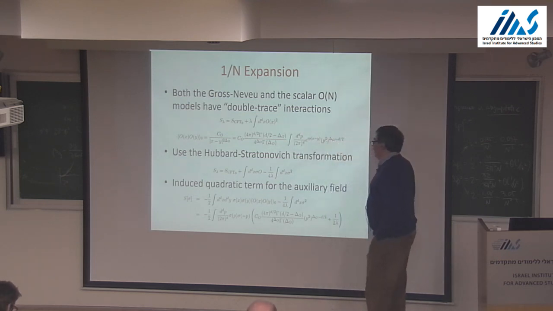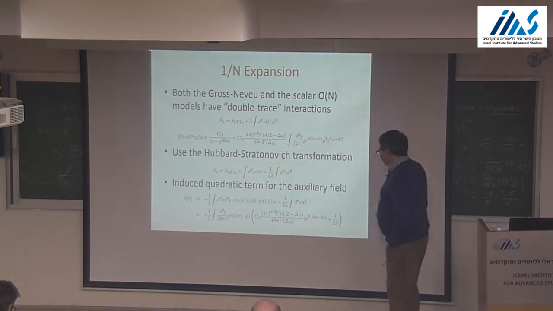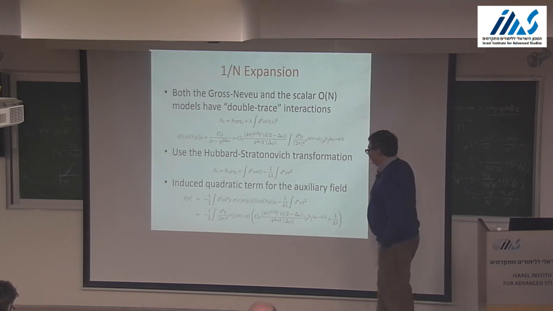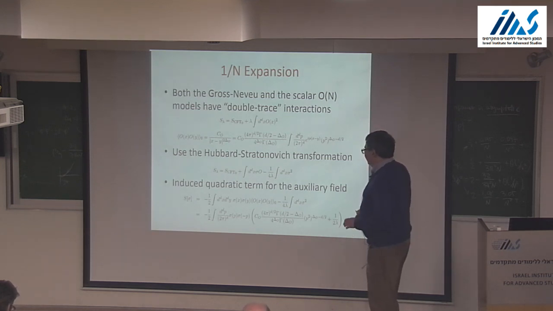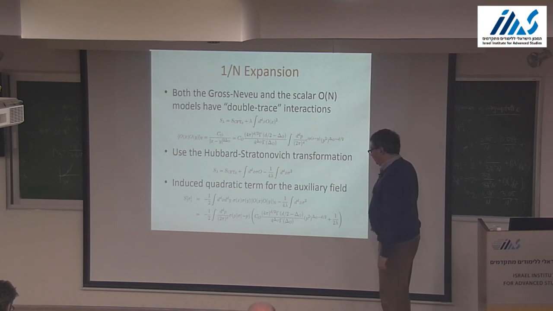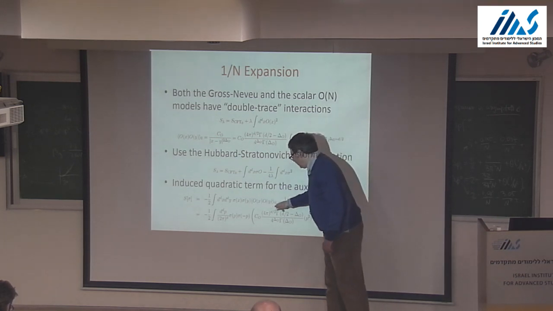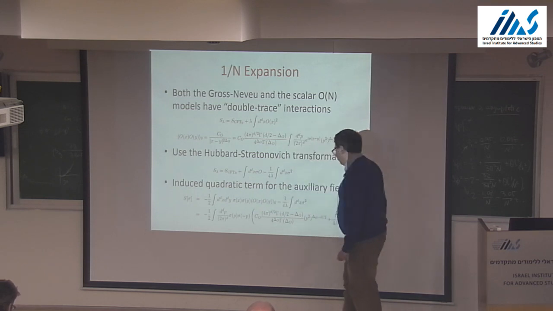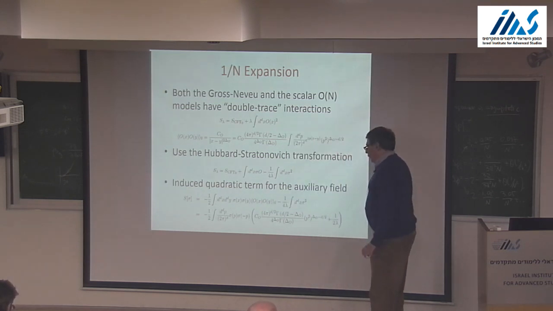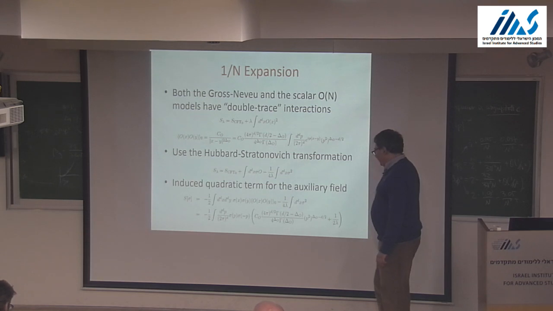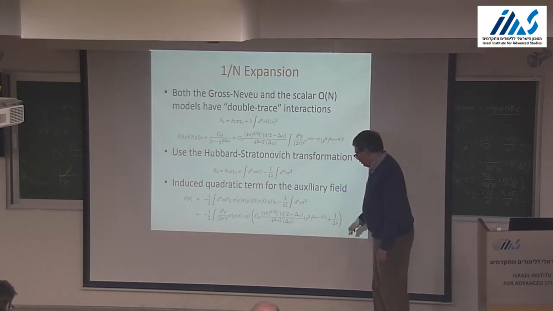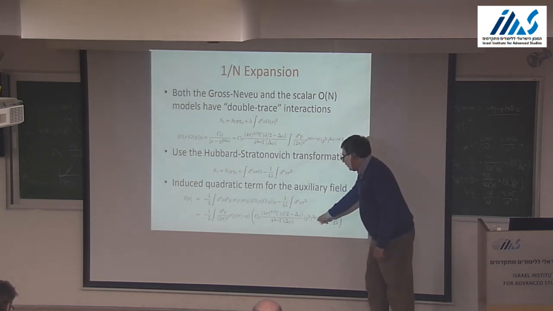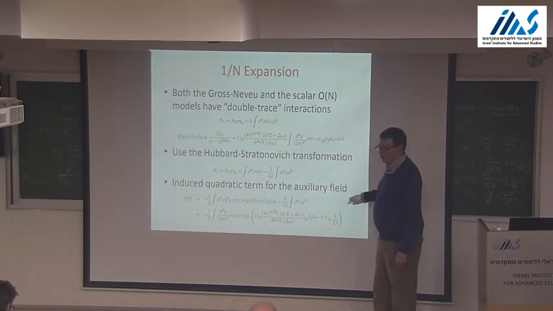And then you find the following thing. You can just blindly expand again and get a non-local term sigma of x, sigma of y times the 2-point function of O(x), O(y). But now what you find is that for this Gross-Neveu model, this power of p squared dominates at high momenta and not at low momenta.